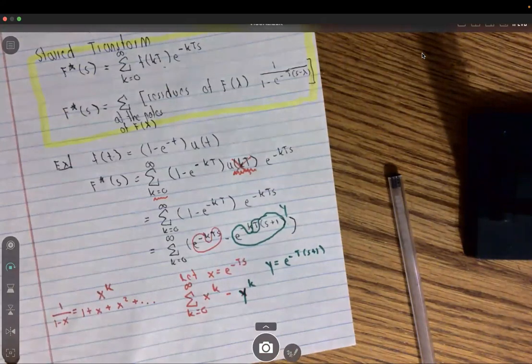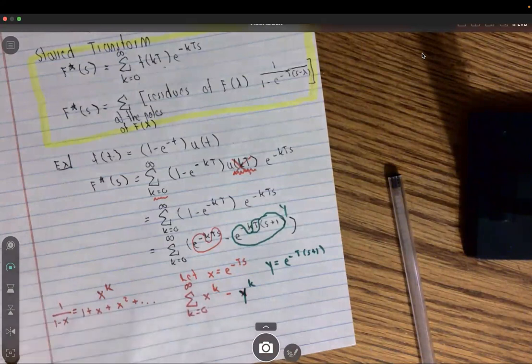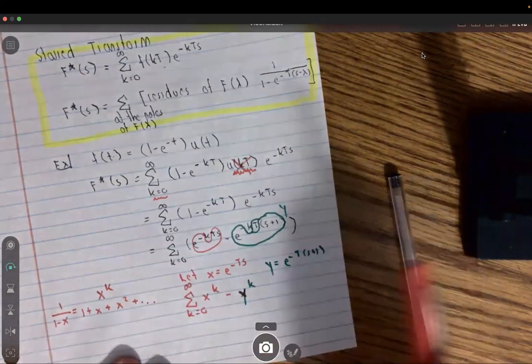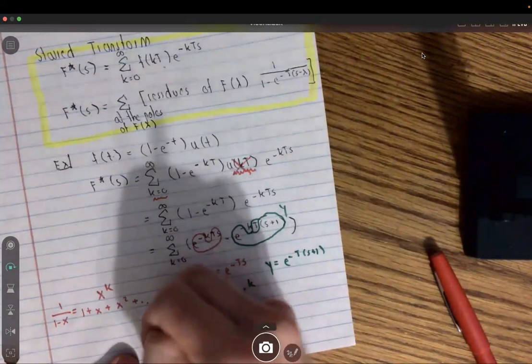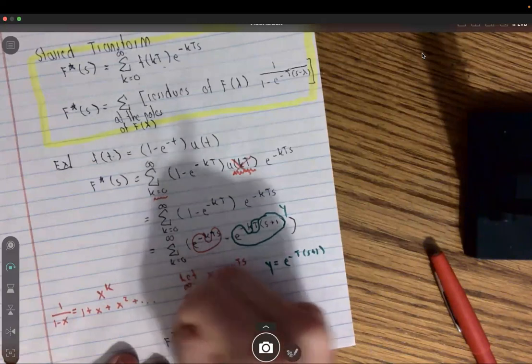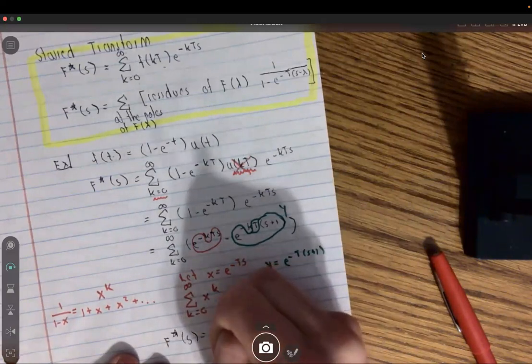So we can substitute in that summation: when we have x to the k, you can write it in terms of x to the power 0 plus x to the power 1 plus x to the power 2, and so that's our geometric series. So here, as a result, you're going to get f star of s equal to 1 over 1 minus x.